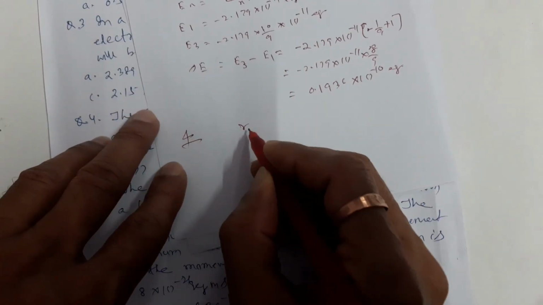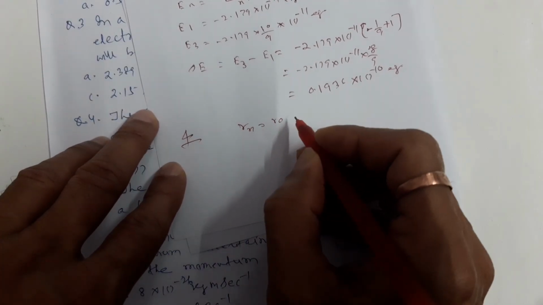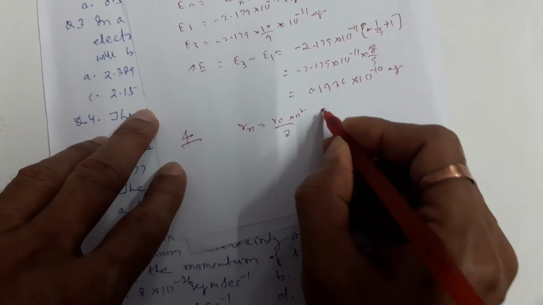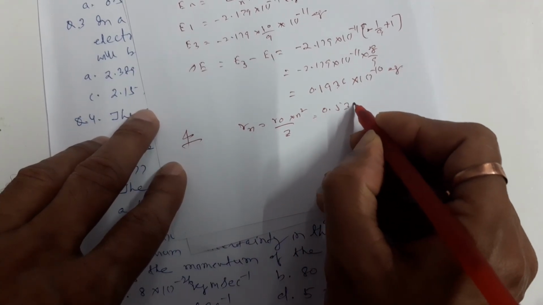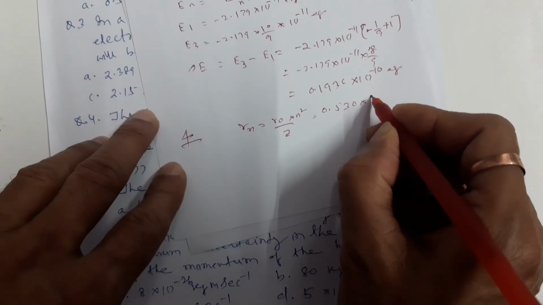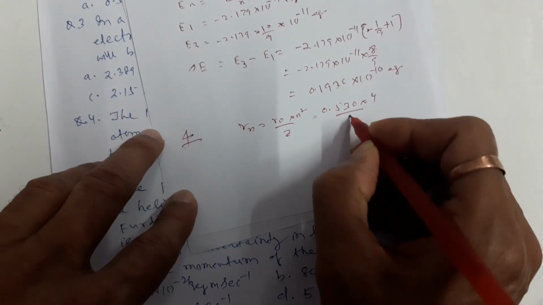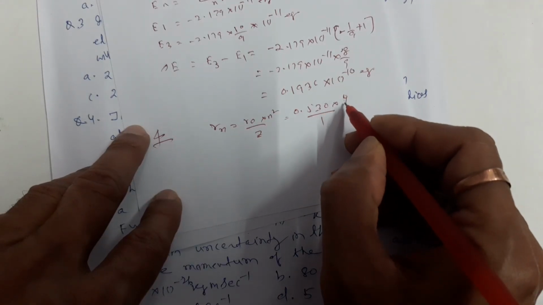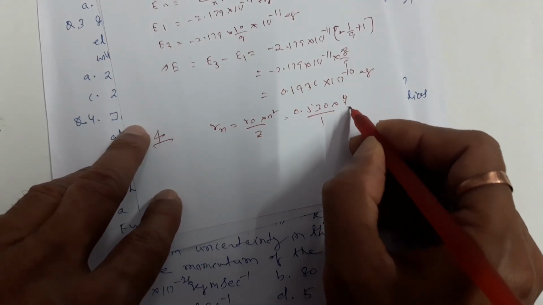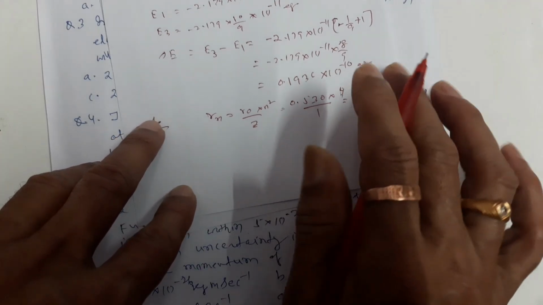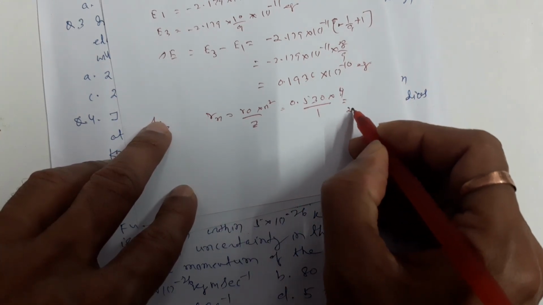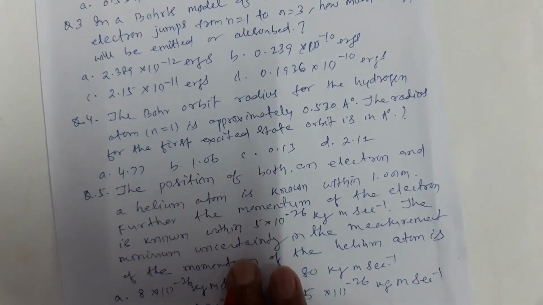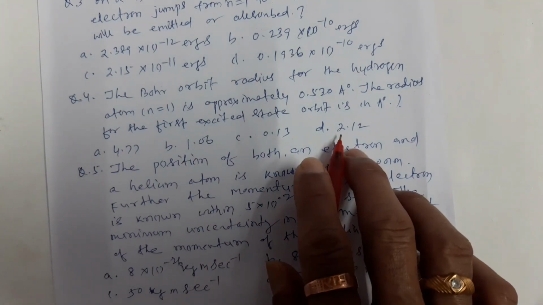Same formula, Rn is equal to R0 multiplied by n square by z: 0.530 multiplied by 4 divided by 1. The excited state is n equal to 2, so 2 square, 4, you will get. So you will get 2.12 angstrom. So choice D is the correct answer.